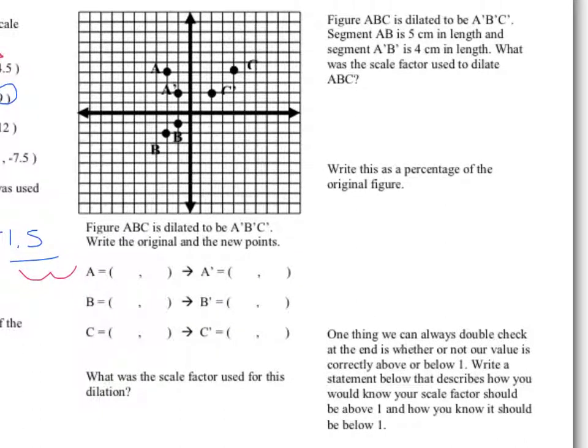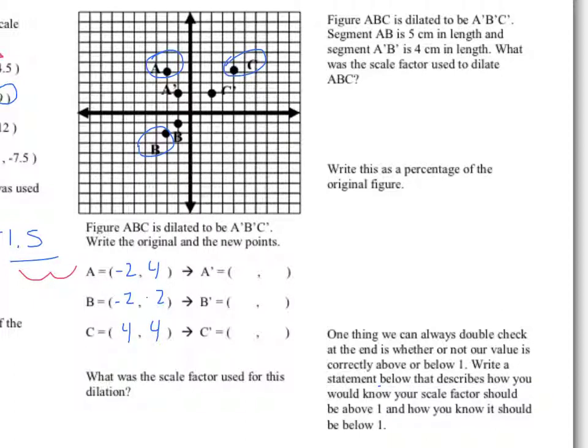Alright, looking over here, we have another one that is drawn on a grid, so I can copy down all of my original points. All of my original points are the ones without the primes. So those points, their coordinates are -2, 4, -2, -2, and 4, 4.